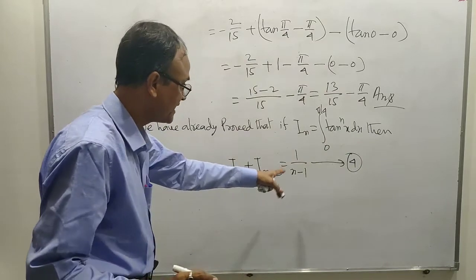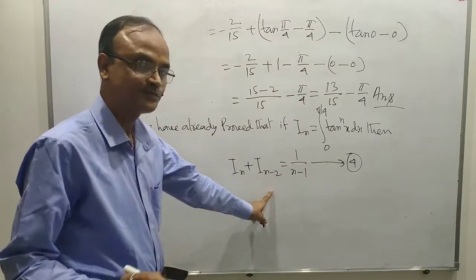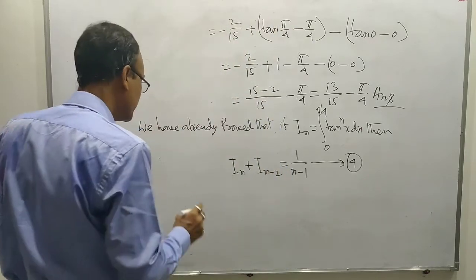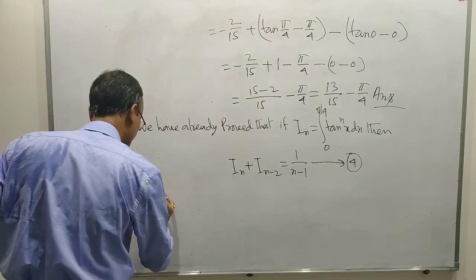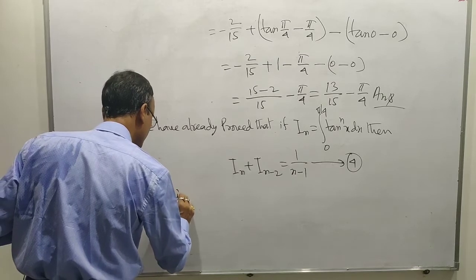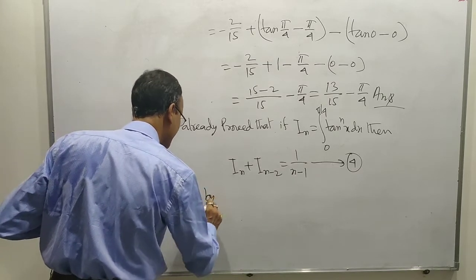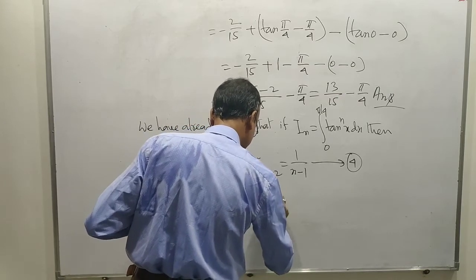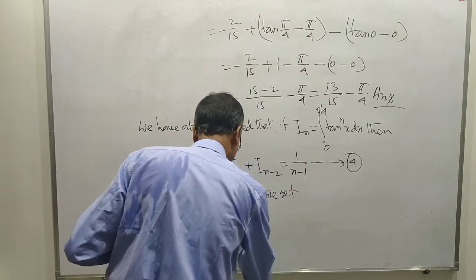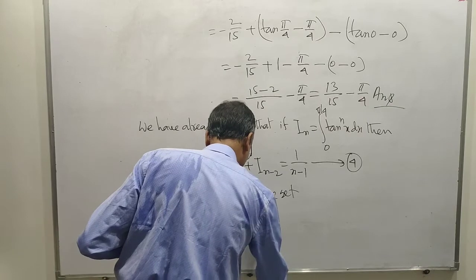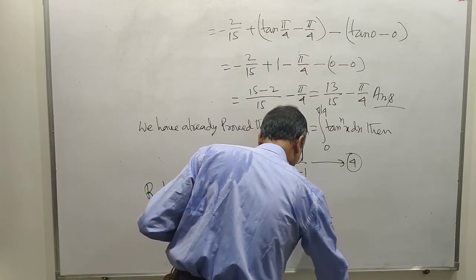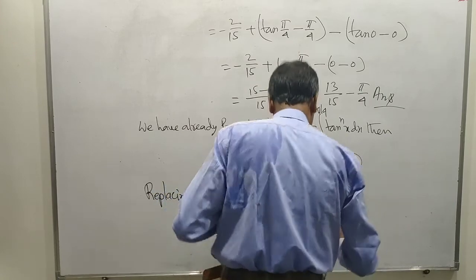Put n equal to n plus 1 in 4. Replacing n by n plus 1 in 4, we get I_(n+1) plus I_(n+1-2) equal to 1 by n plus 1 minus 1.